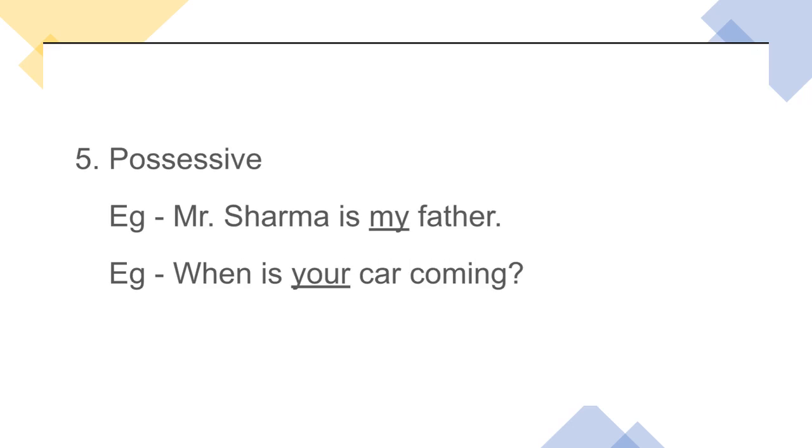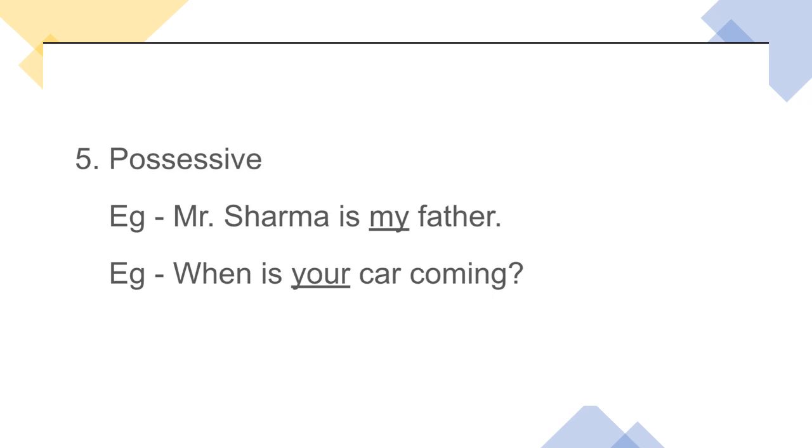Number 5, we have possessive adjectives. We all know the meaning of possessive. We have done this in other chapters. A possessive is nothing but which you own or which other people own. So let us look at the example. Mr. Sharma is my father. In this sentence, father is a noun, and my describes possessive behavior.